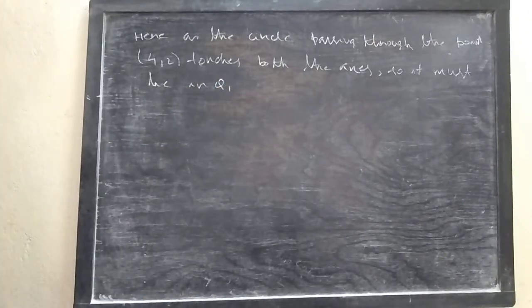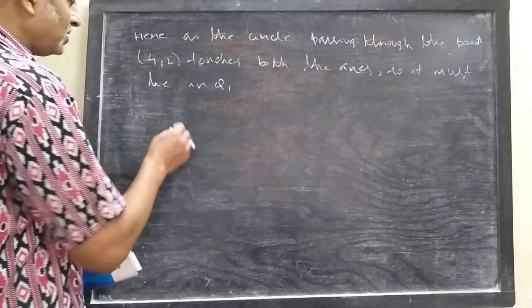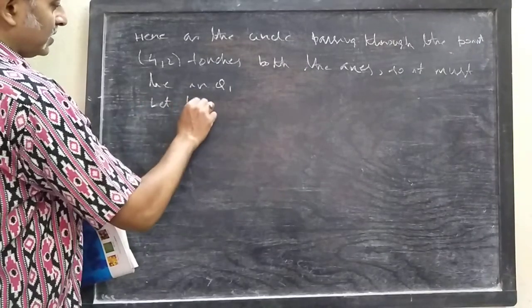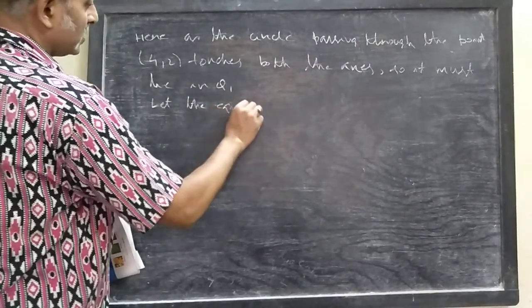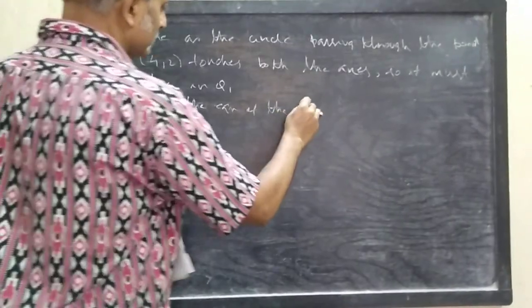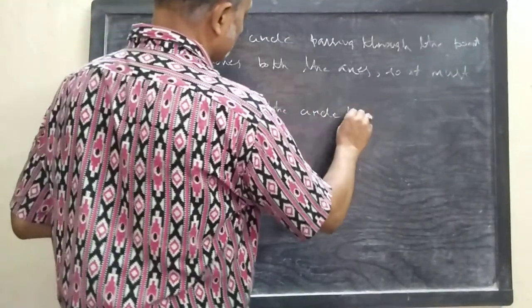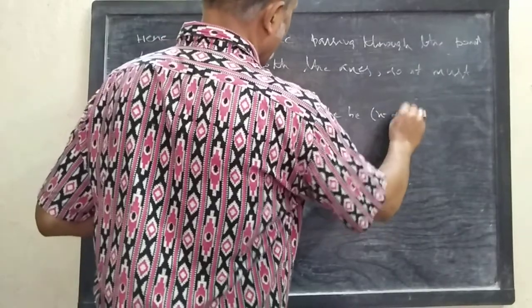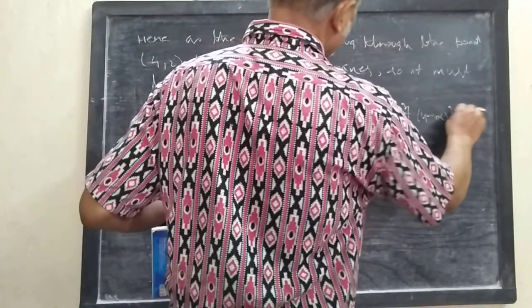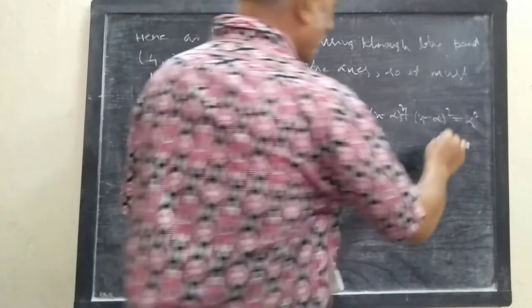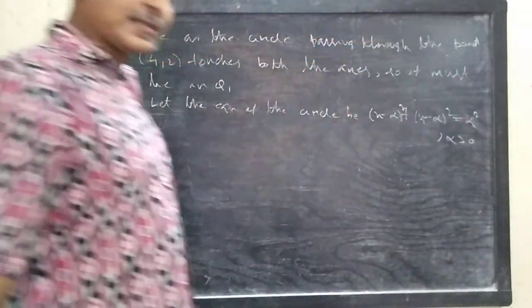Q1 means first quadrant. It is obvious. So when a circle lies in the first quadrant and touches both the coordinate axes, you can consider the center as the point (alpha, alpha), and its radius is alpha units, because alpha is positive here as it lies in the first quadrant. So let the equation of the circle be (x minus alpha) whole square plus (y minus alpha) whole square equals alpha square, because alpha is greater than 0 here as the circle lies in the first quadrant.